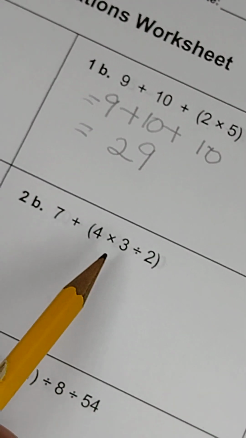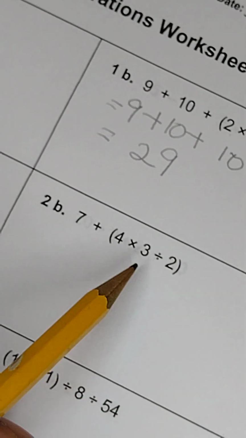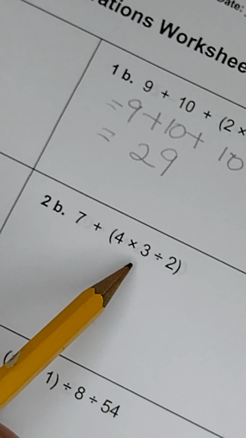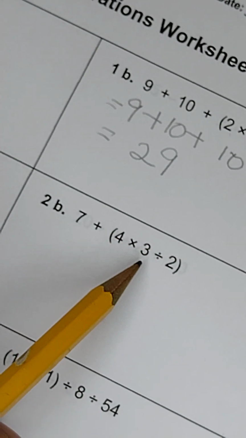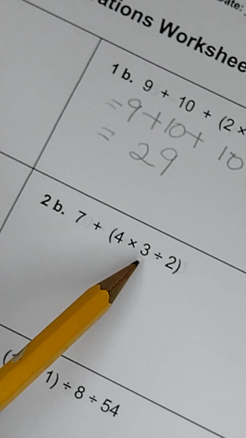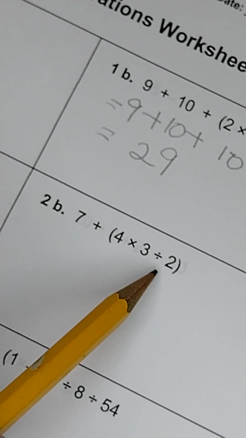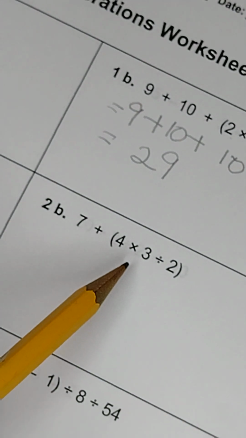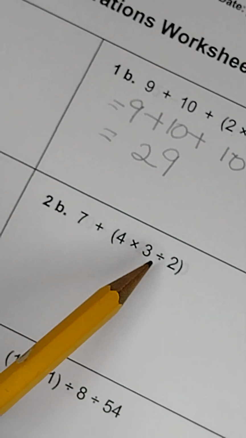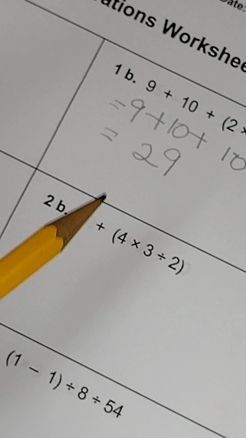Okay, so in here we have about two things happening in the bracket. So even though we deal with bracket first, we have to still follow the BODMAS rule here. So we know that division comes before multiplication. But in this case, there's going to be a slight difference.